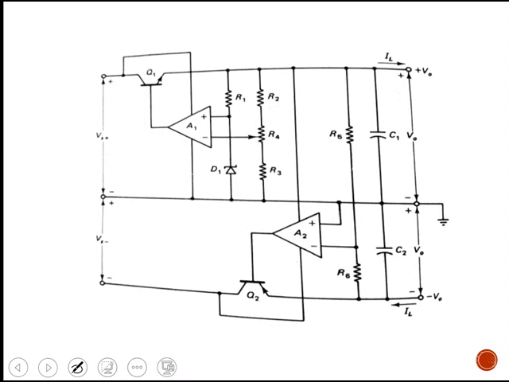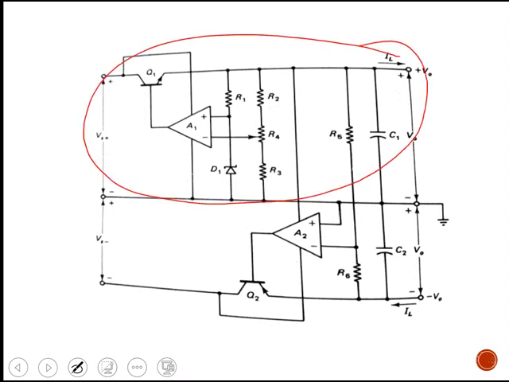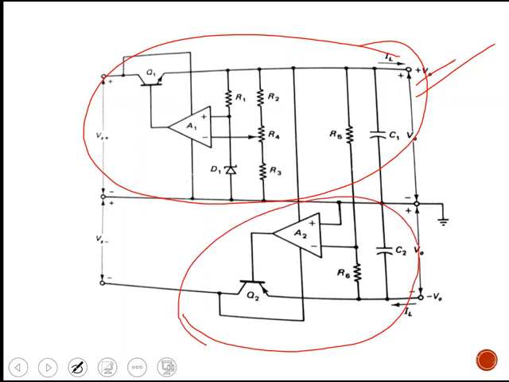You can observe here the first part of your circuit is a precision voltage regulator which gives you a positive DC voltage, whereas the other part is again a precision regulator but it gives you a negative supply, and you can see the supply over here is negative. So using a single circuit we can obtain both positive as well as negative supplies.